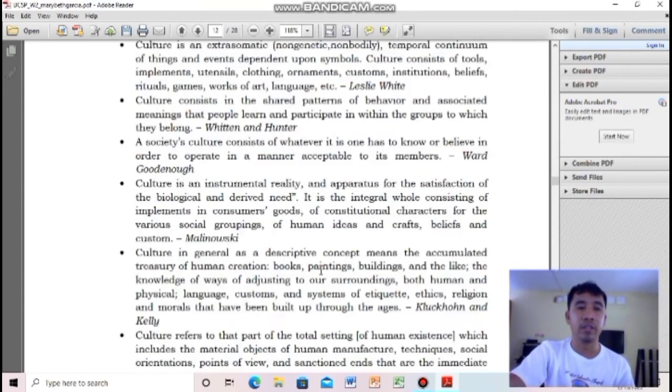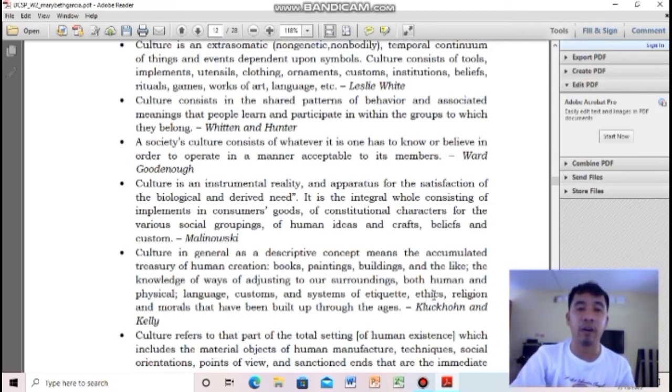Okay. Culture, according kay Malinowski, culture is an instrumental reality and apparatus for the satisfaction of biological and derived need. So it is the integral whole consisting of implements in consumer goods, mga social groupings, human ideas, crafts, beliefs, and custom. That is according kay Malinowski.